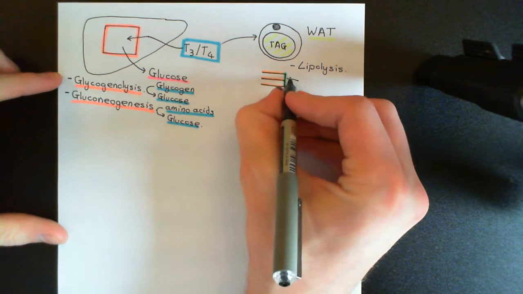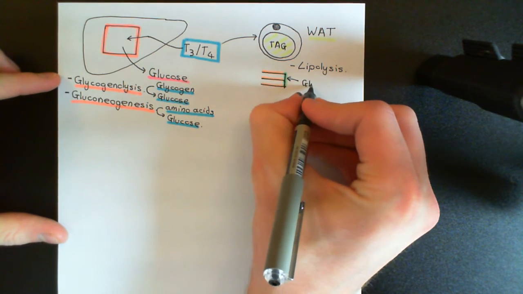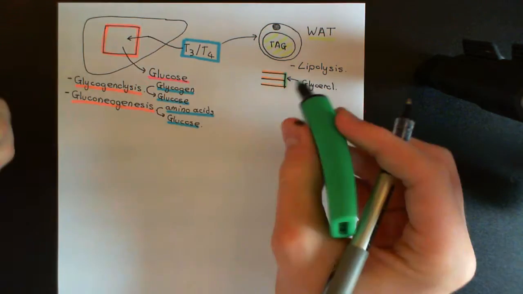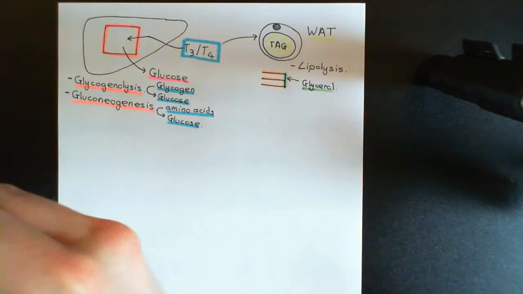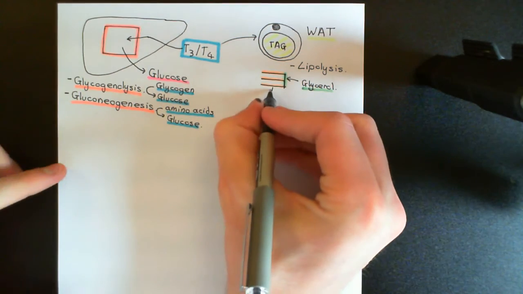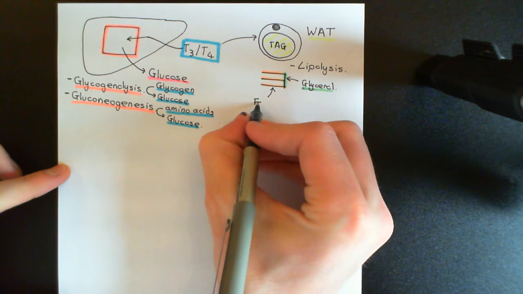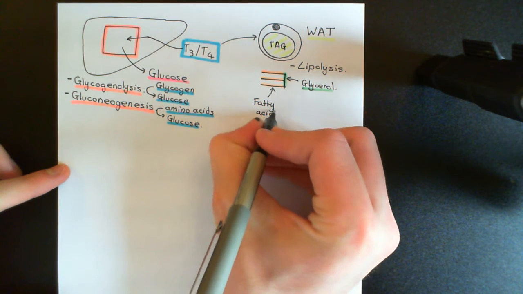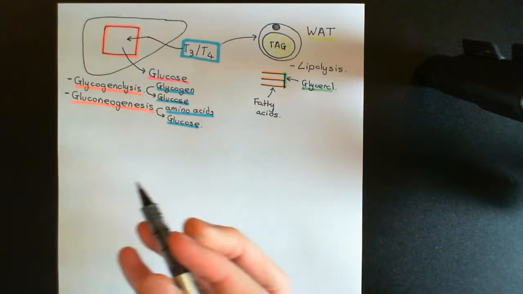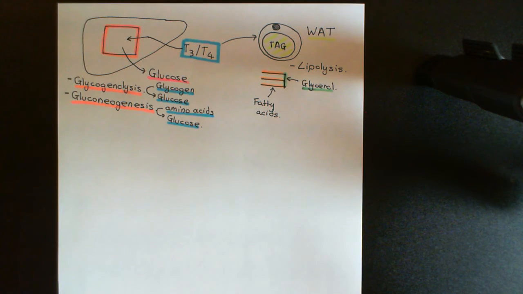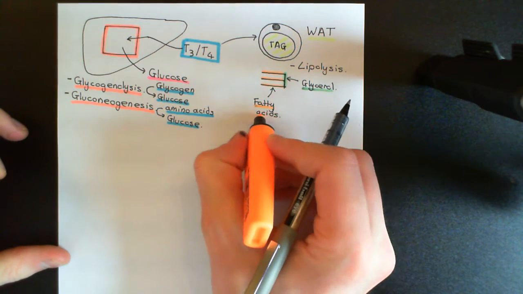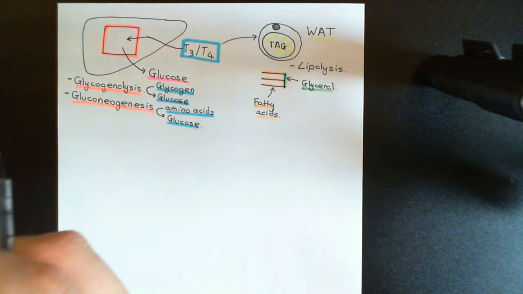Okay, so this molecule here is representing the glycerol backbone of the triacylglycerol, which I'll underline now in green, and these orange horizontal lines here, these are representing the fatty acids. And remember, fatty acids is just another name for long chain carboxylic acids. These structures are really just incredibly long carboxylic acids which have been esterified onto the alcohol groups of the glycerol molecule.